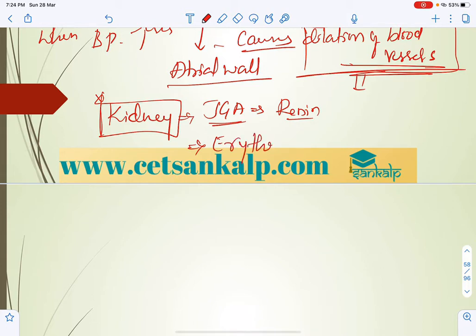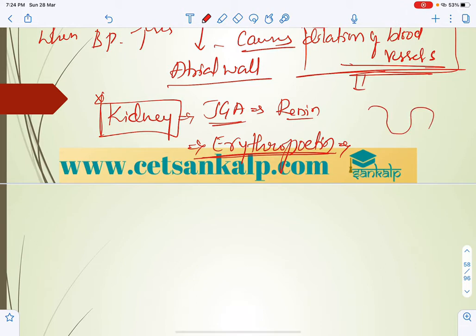Erythropoietin is the hormone produced by the kidney, mainly by the juxtaglomerular cells, which are formed at the junction between the DCT and the glomerular afferent arteriole.